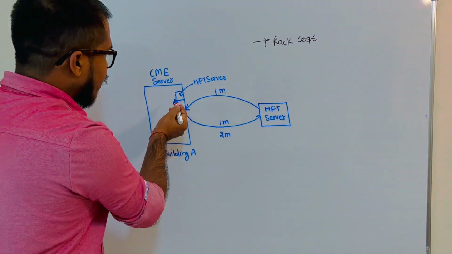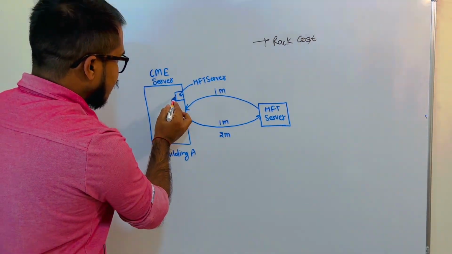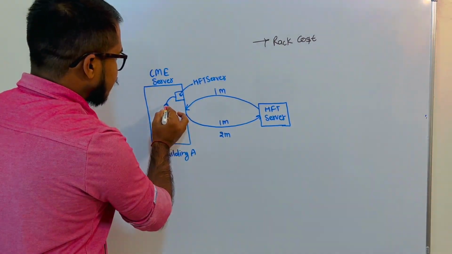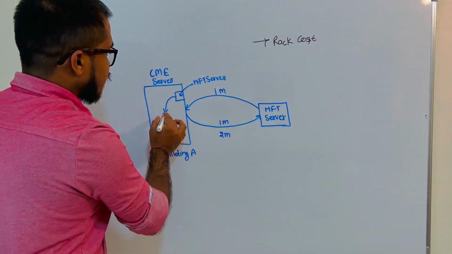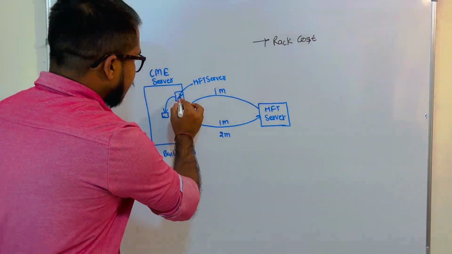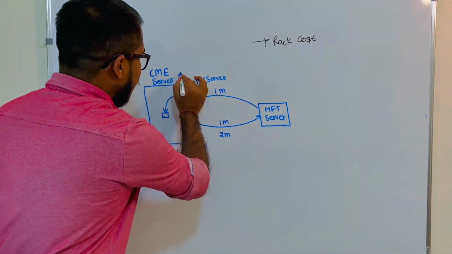So now when you communicate with the exchange server, the latency between the HFT server and the exchange server will be less. But the thing is, cost of this particular space is insanely high.